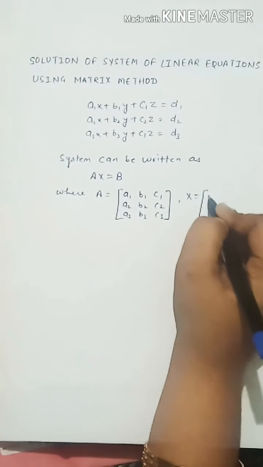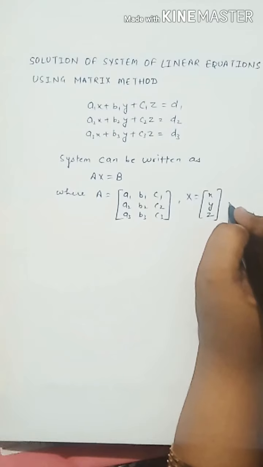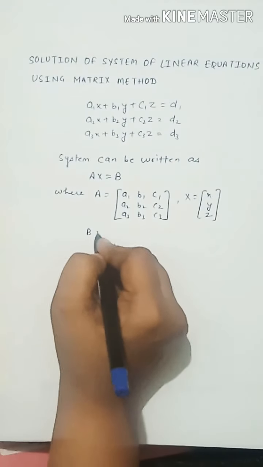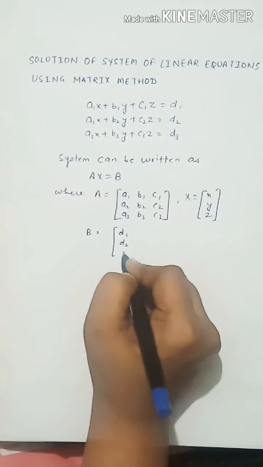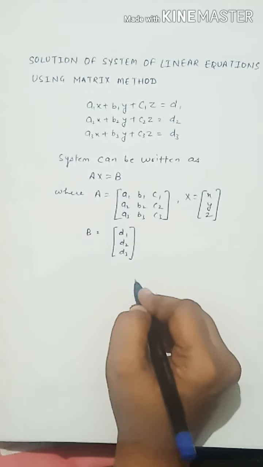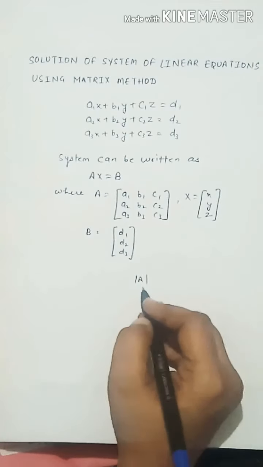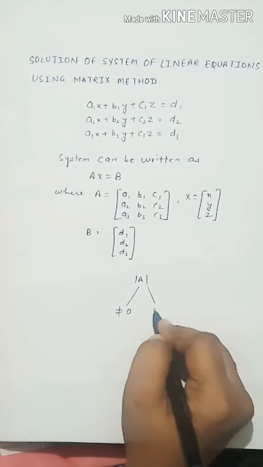X is the matrix x y z and B is the matrix d1 d2 d3.